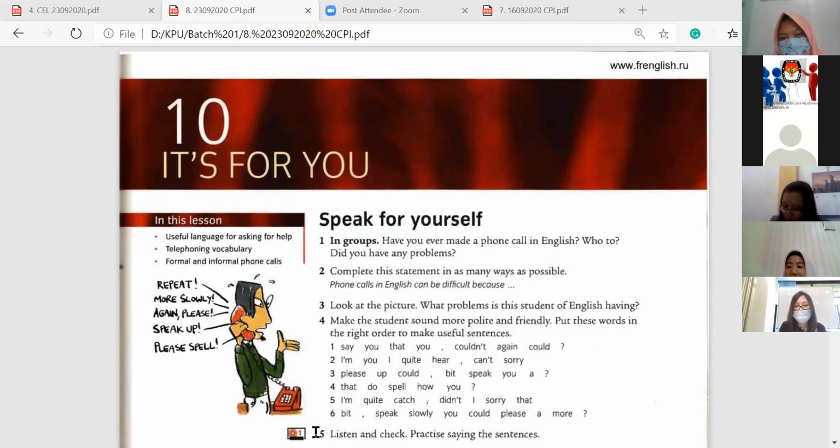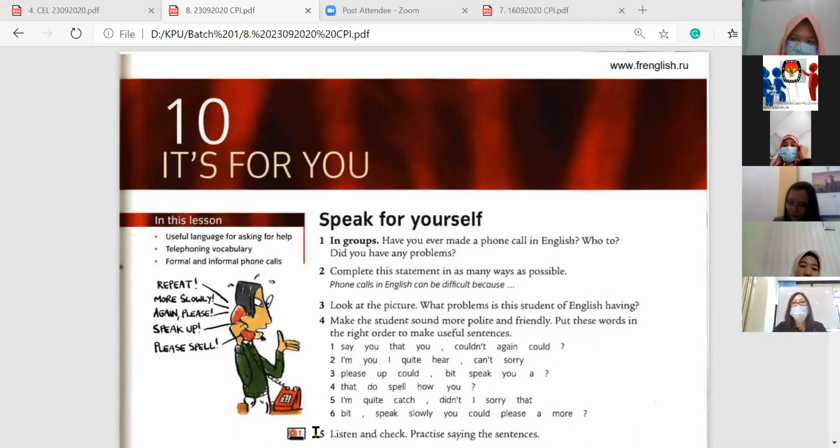And number three: "Could you speak up a bit?" It's very good. Speak up louder, so a little louder, please. And the last one, number six: could you speak a little more slowly, a little bit more slowly, or a bit more slowly?